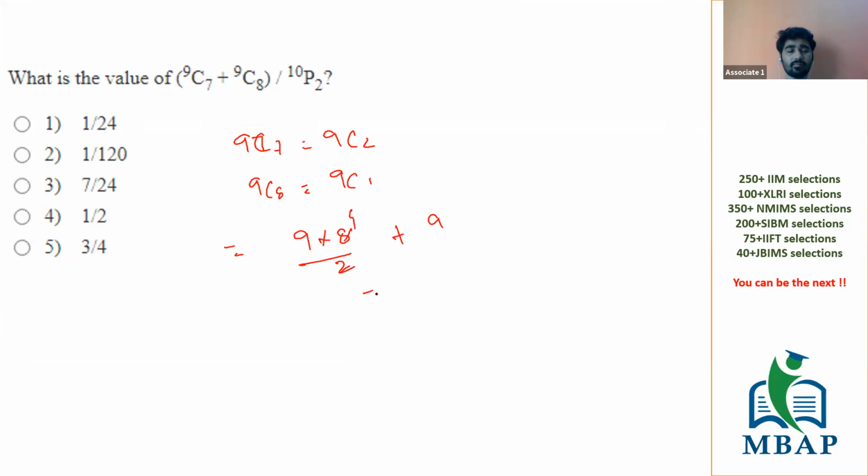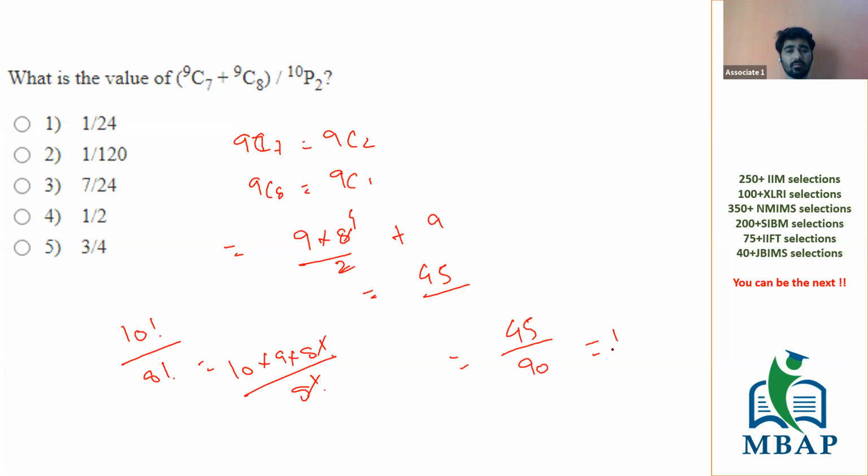So 36 plus 9 is 45. 10P2 is 10 factorial upon 10 minus 2, which is 8 factorial. So that is 10 into 9 into 8 factorial upon 8 factorial. This cancels. So you have 45 by 90, which is half. So Pranit got the answer.